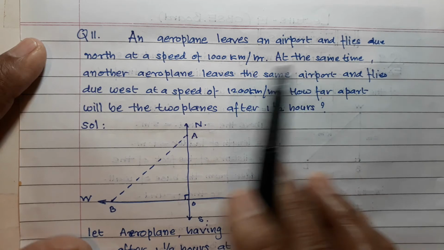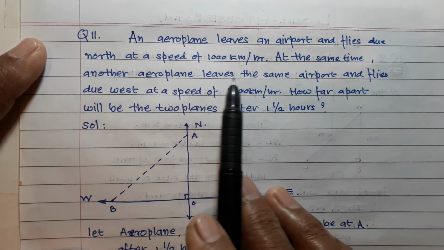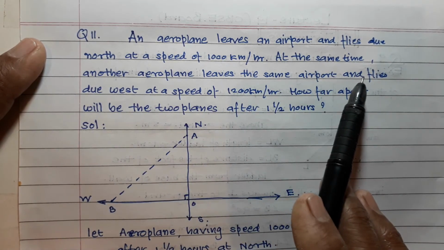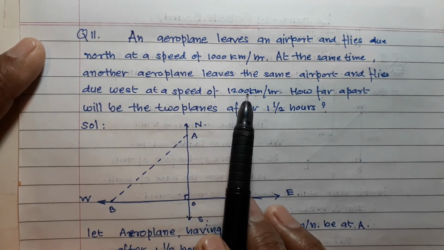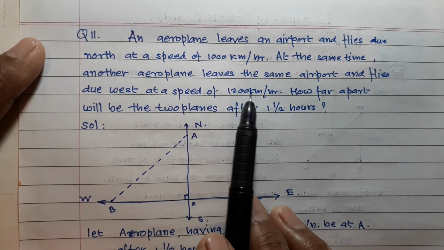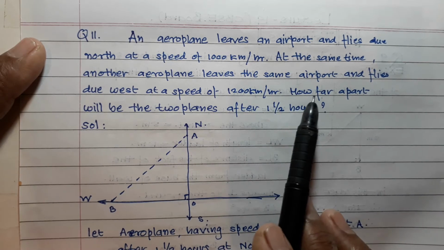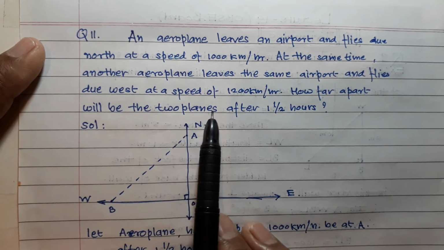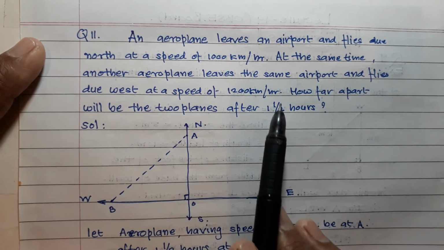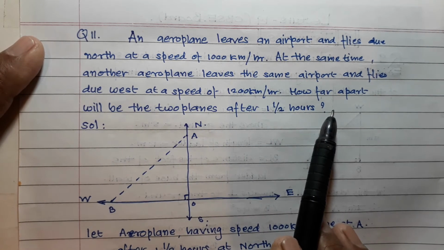At the same time, another aeroplane leaves the same airport and flies due west at speed of 1200 km per hour. How far apart will be the two planes after 1 and 1 upon 2 hours?